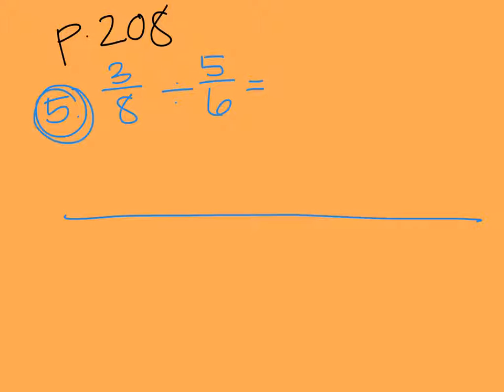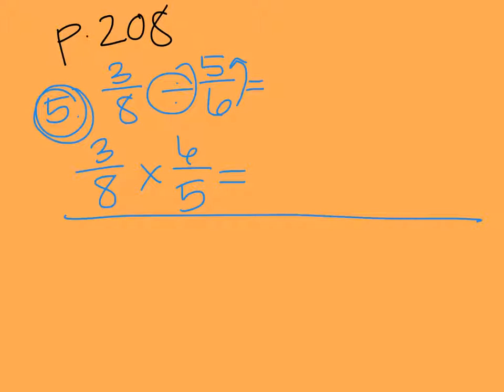On the line next to number 5, you're going to be writing exactly what I'm writing down here. So, we keep our first fraction, based on our algorithm. We change our sign, so instead of dividing, we're multiplying, and then we flip our second fraction. So instead of having 5/6, we're going to have 6/5. Now you should have this written down too to show that you're using the algorithm.